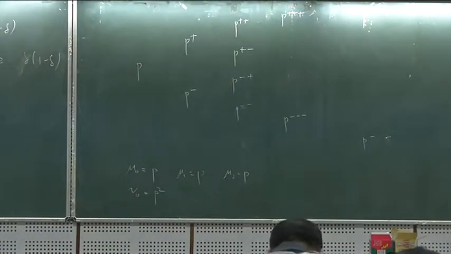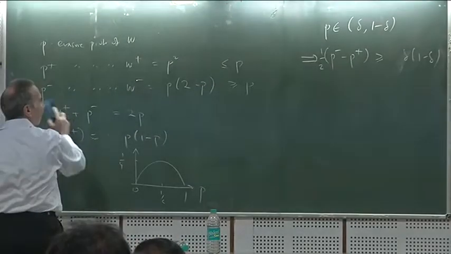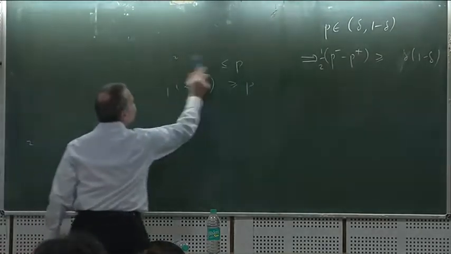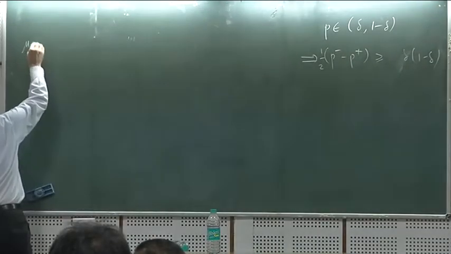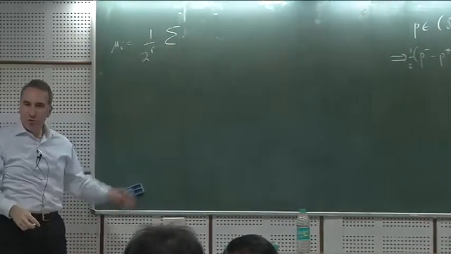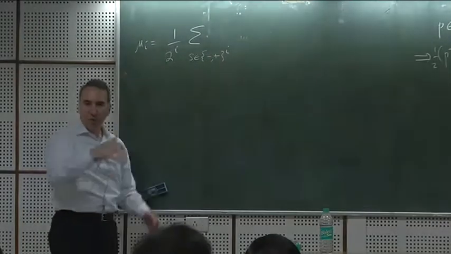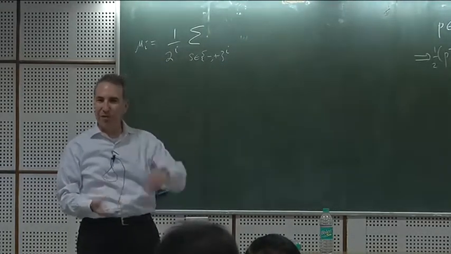This is the average of the squares of these numbers here. So maybe I should write this down as to what I'm talking about. So mu I is the average of these 2 to the I numbers in the ith column, over all sign sequences of length I, all the possible plus minus sequences repeated I times.